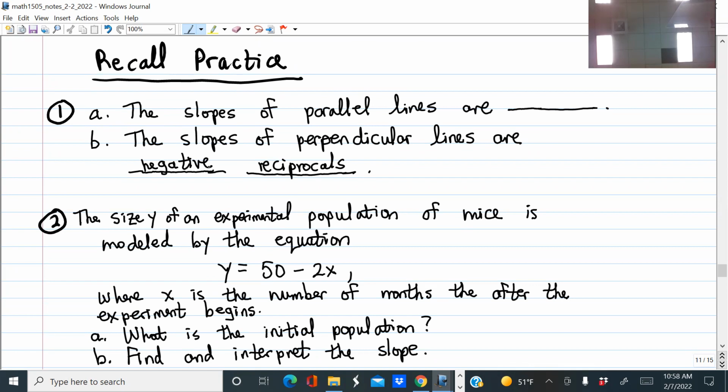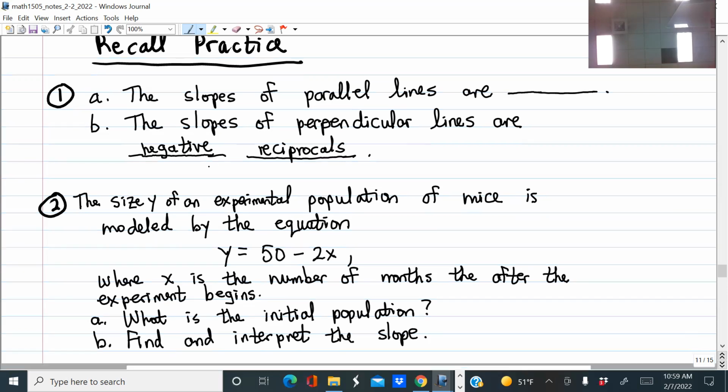So if you have a line and you know a line is perpendicular to it, just take the slope of the first line, right? Flip it, so form the reciprocal, and then change the sign, right? Okay, that's how you get the slope of the perpendicular line. Okay, excellent. All right, did y'all recall that? We're going to look at that again later today because we're going to actually demonstrate these things as I promised last time.